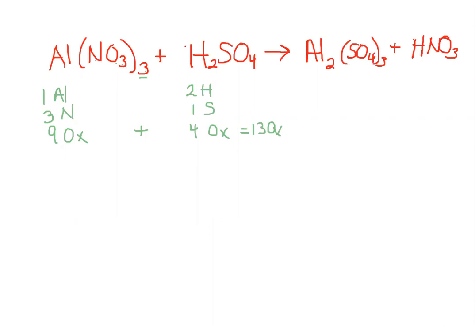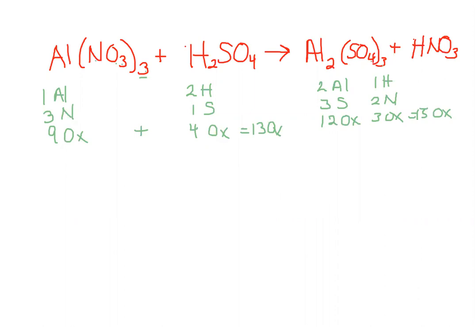On this side, we've got 2 aluminum, 3 sulfur, 12 oxygen from right here, 4 times 3. And we've got 1 hydrogen, 1 nitrogen, and 3 oxygen. So we've got 15 oxygens.